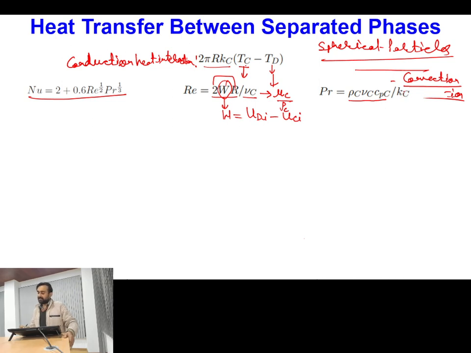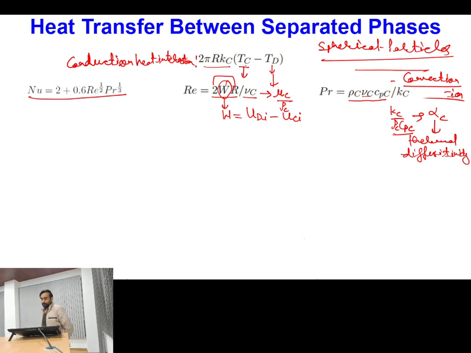So Kc by rho Cpc, divided by nu_c, represents alpha_c, the thermal diffusivity. So it is the ratio of momentum diffusivity, like kinematic viscosity, divided by thermal diffusivity. Sorry, I should have written Cpc here.